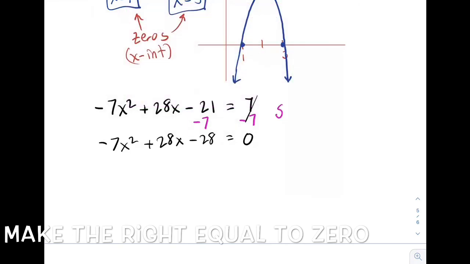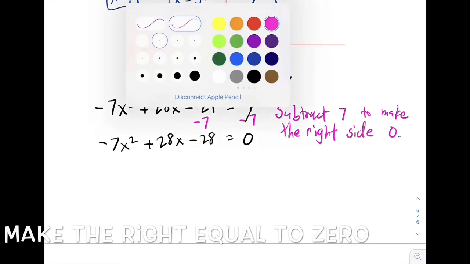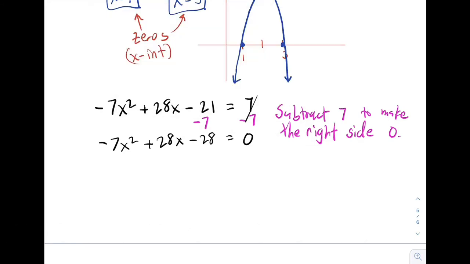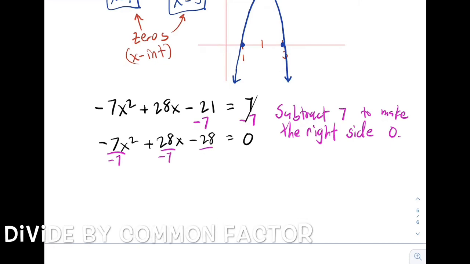So subtract 7 to make the right side 0. That's important, so we can factor it and solve it by factoring. Then we're going to solve. Now we can get rid of the common factor if we can. So negative 7, and this one works out perfectly, that we can divide everything by negative 7.